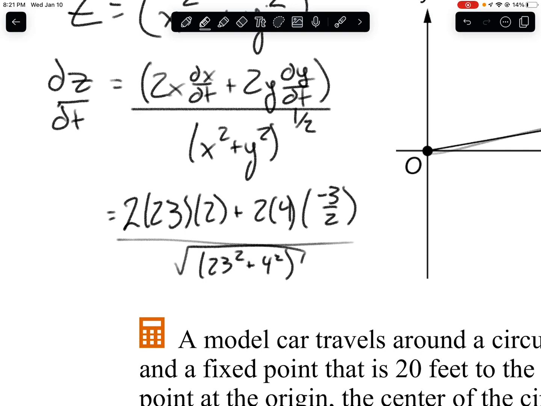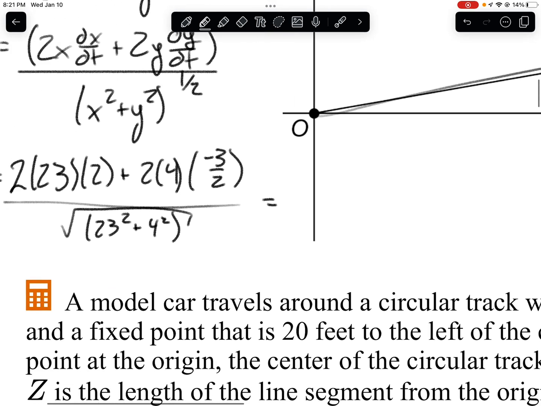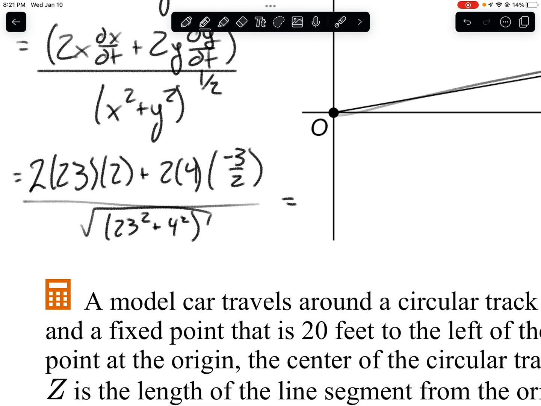So this is going to equal, oh goodness gracious, it's something minus 12. I think it's 92. Does that sound right? Think about it. 2 times 23 times 2.